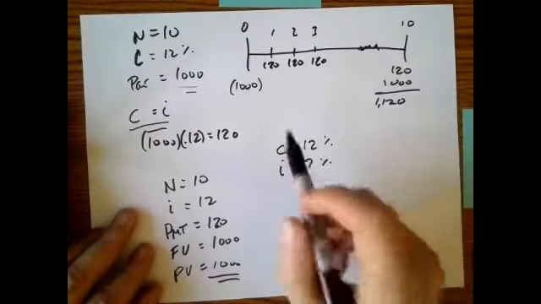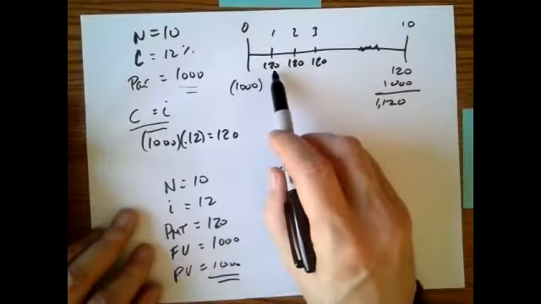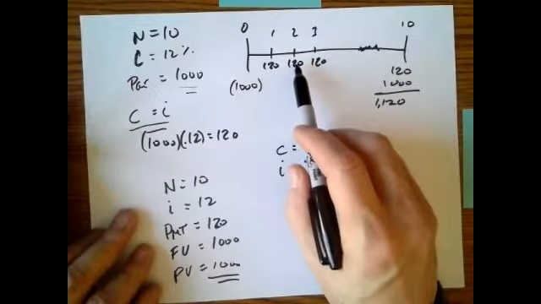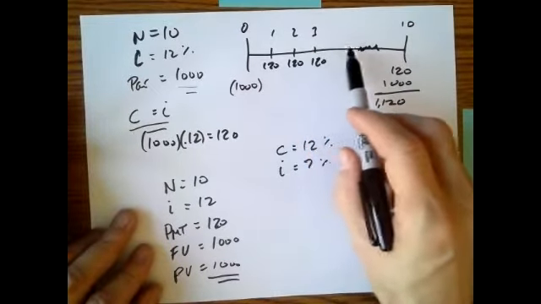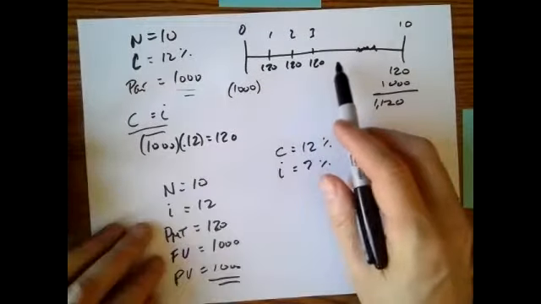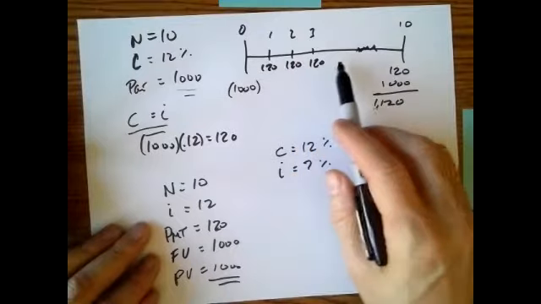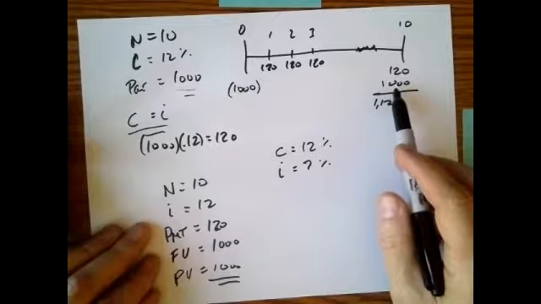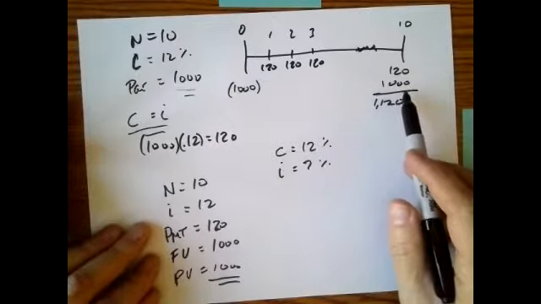Okay. It's 2 years later, so we've received the first two coupons. Now what you're really buying are 8 more cash flows, not 10. You're going to get 3, 4, 5, 6, and so forth out to 10. So that's 8 $120 payments, plus you're still going to get that $1,000 par value payment at the end of the life of the bond.